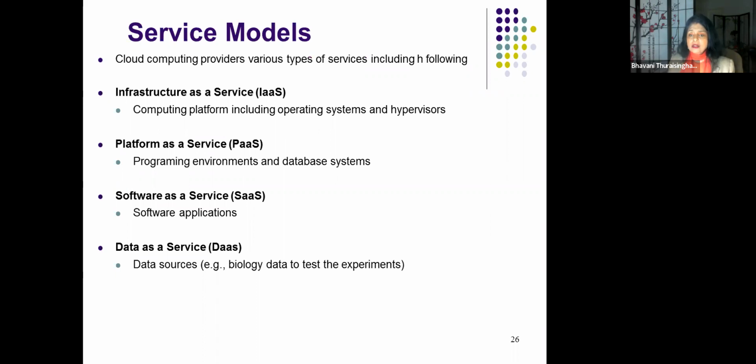Cloud computing offers various types of services, including the following, okay? Infrastructure as a service, the computing platform. Remember all the computers and the operating systems, and something called hypervisors, virtual machines. Because the cloud could buy 1,000 machines, and that's still a lot of money.